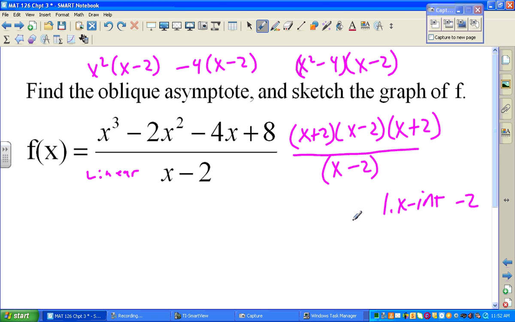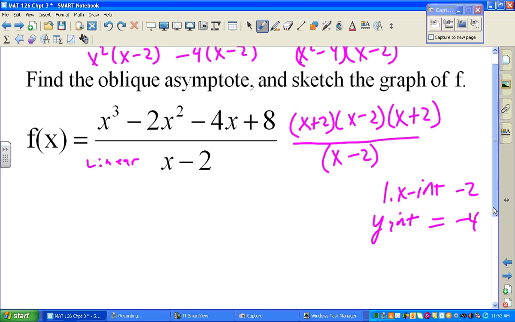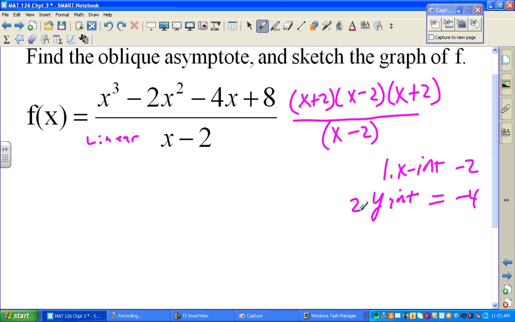Looks like the y-intercept will equal, well, I put 0 in for x, will equal -4. Okay. 2. 3. x cannot equal 2, and that would be a hole in the graph. In other words, known as removable discontinuity.